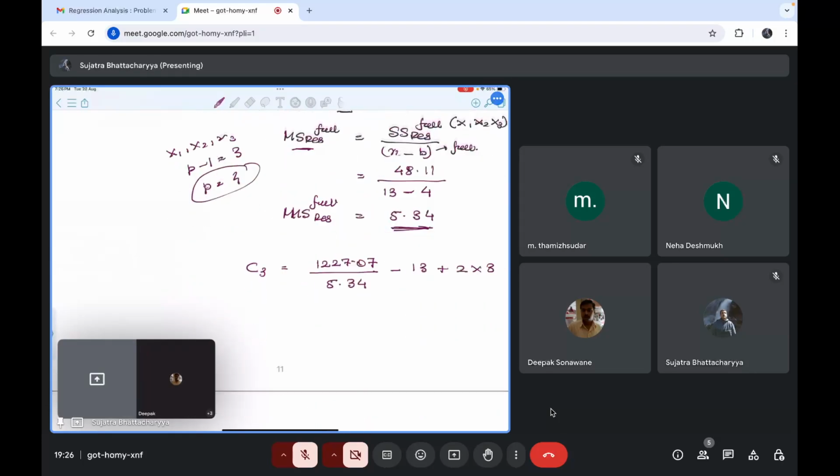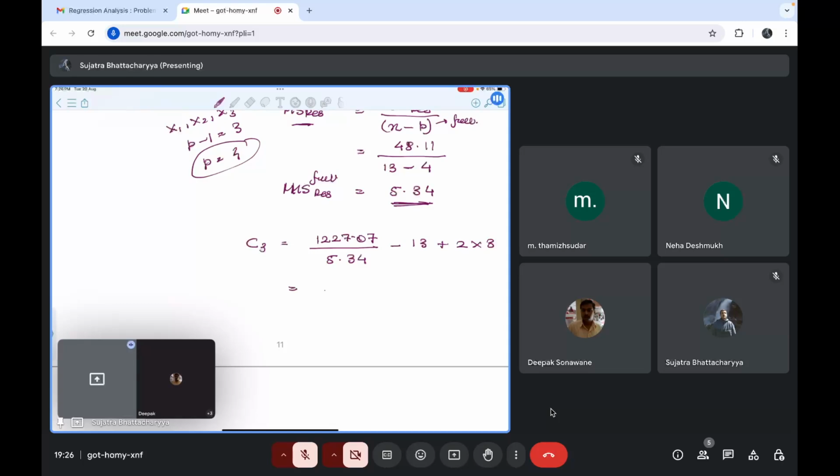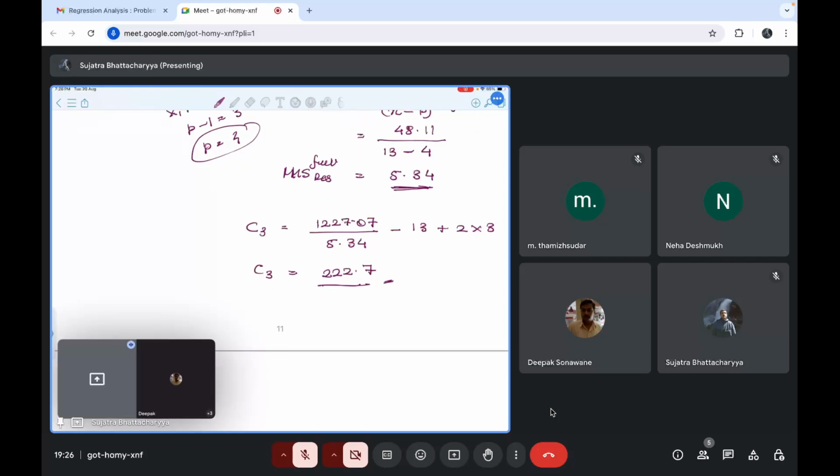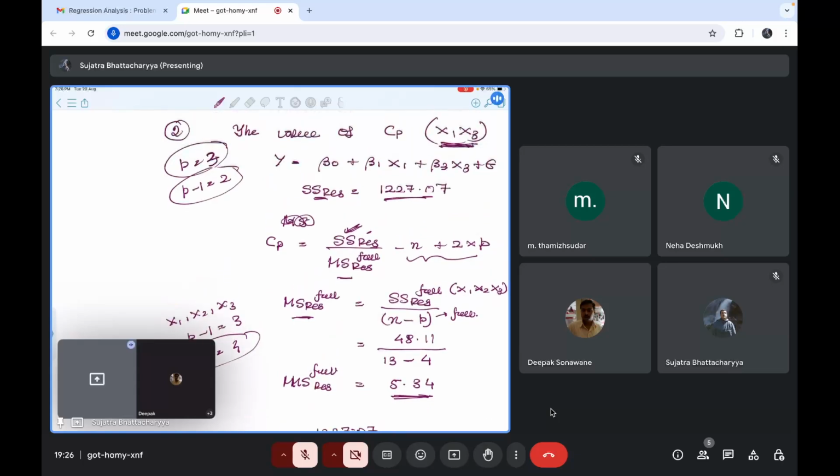This will give you 222.7, which is not very good, because it should be close to 3. So this is not a very good model, which we have seen through R-squared also. This is how you calculate the Mallows statistic.